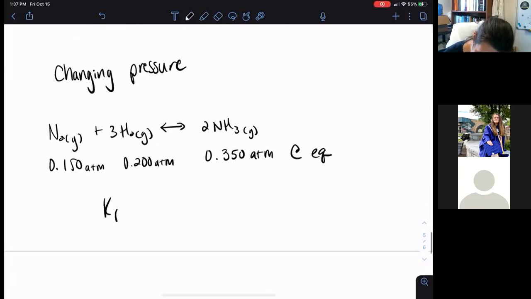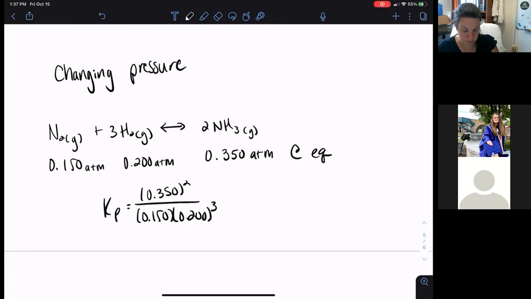So our Kp here would be equal to 0.350 squared divided by 0.150 and then 0.200 cubed, giving us a Kp of 102.